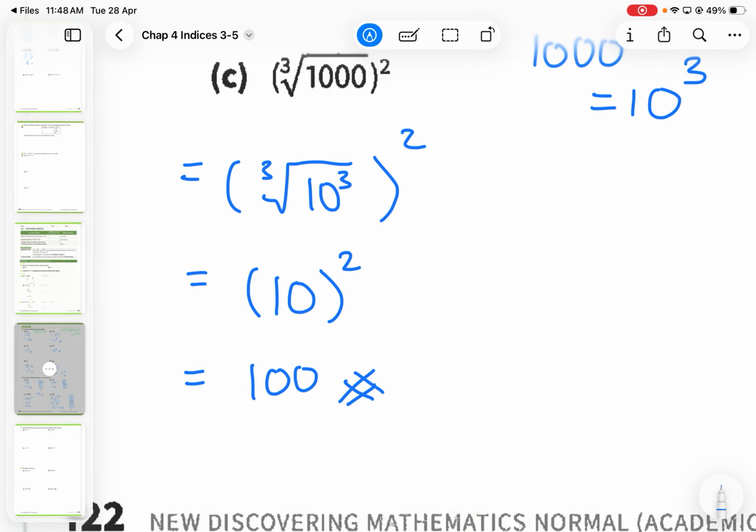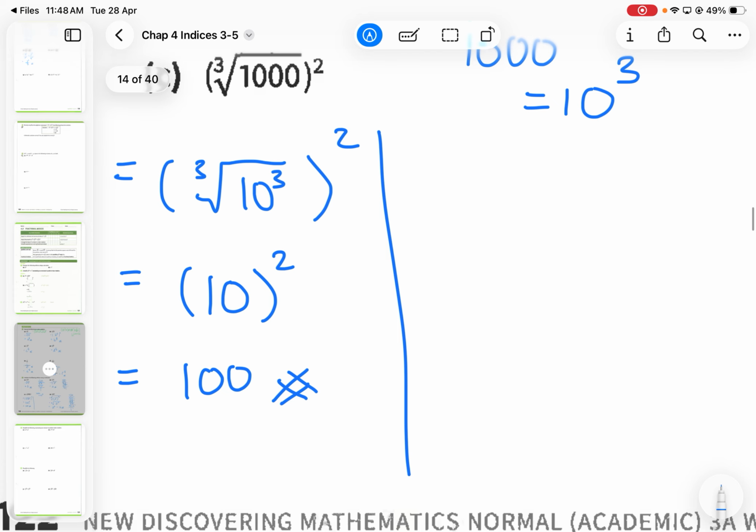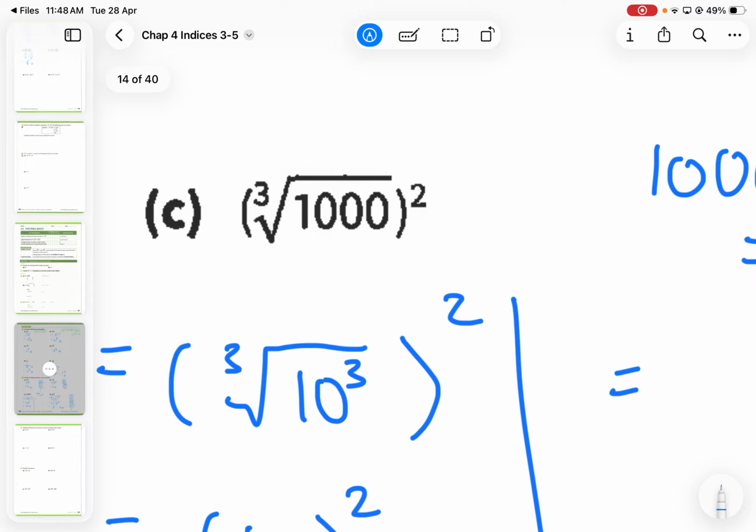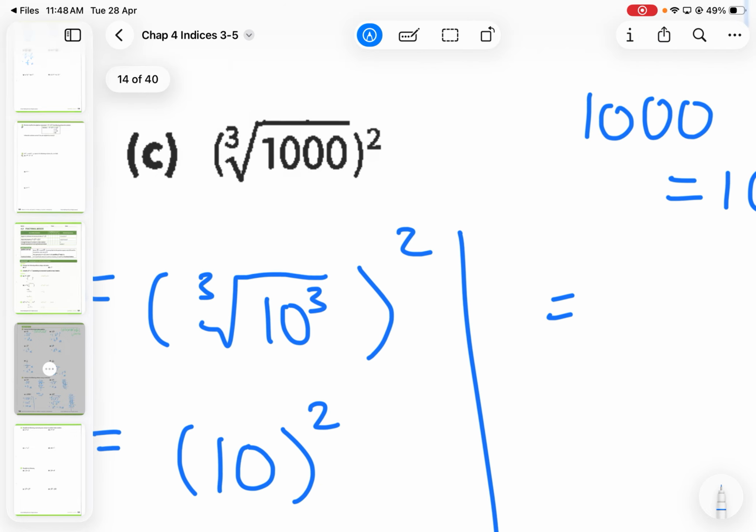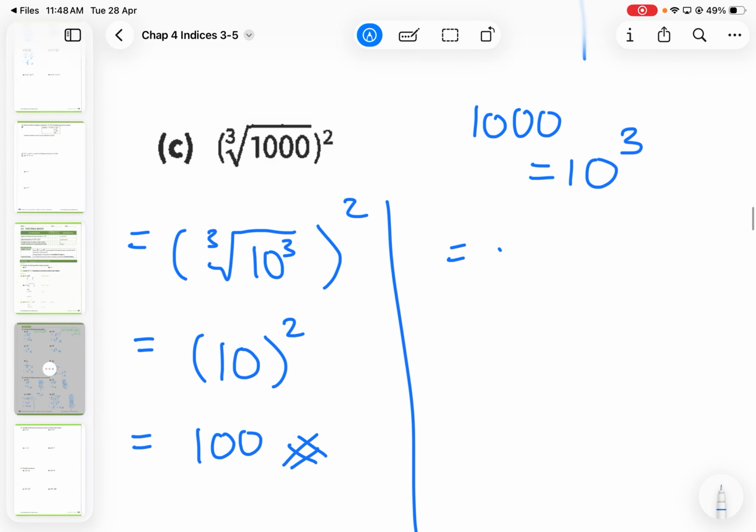Okay? Then, listen. Some of you, this is the answer already. Some of you, instead of cube root first, you bring your square inside. You go and square this first. Become 10 to the power of 6. Also can. Okay?